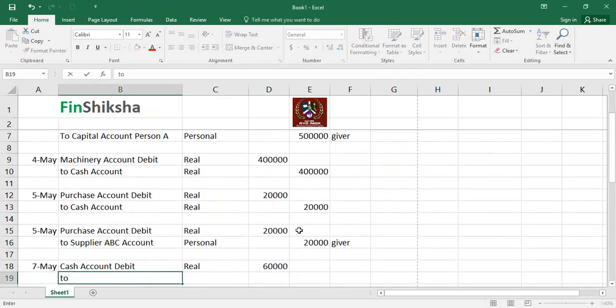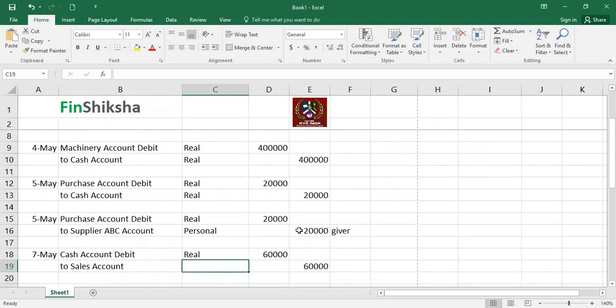And to sales account, now here there is a small interesting point. Sales account can be treated both as a real account, in which case the goods that go out get credited. It can also be treated as nominal account where all expenses are debited and all sales and incomes are credited. So we're going to put it as nominal.